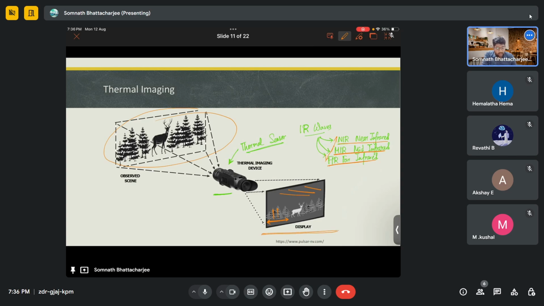The animal is in white because of the heat he is giving off. So even in a dark environment where you won't be able to see this image, using thermal vision you can directly see what's happening here.